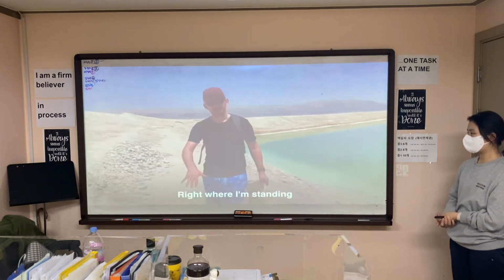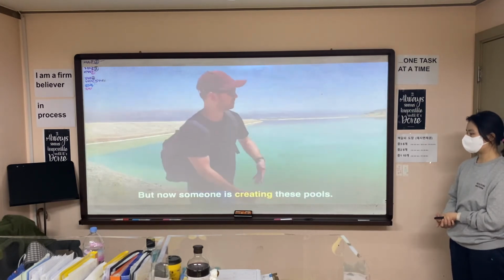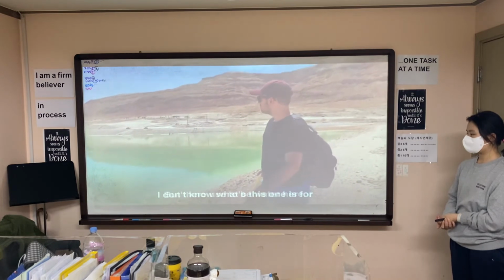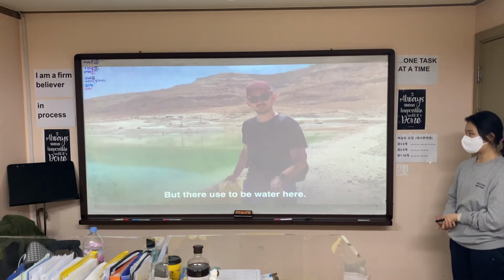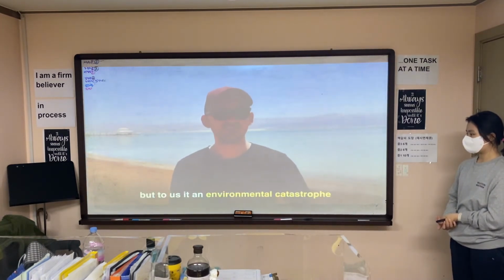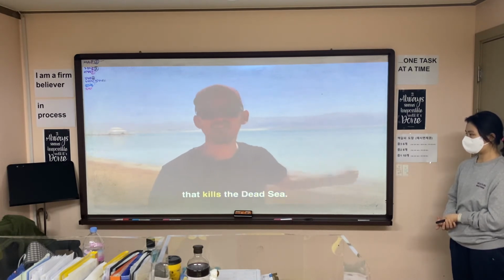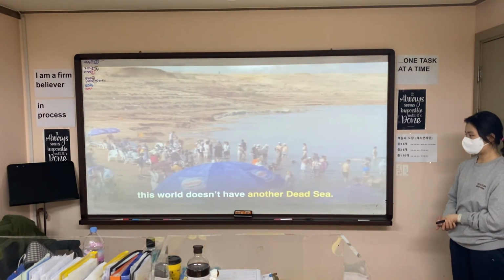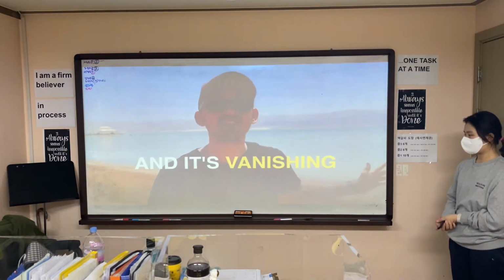Right where I'm standing, there used to be water, but now, creating these pools, I don't know what this one is for, but there used to be water here. To them, it's just business. But to us, it's an environmental catastrophe that kills the Dead Sea. Now listen, this world doesn't have another Dead Sea. There's only one, and it's vanishing.